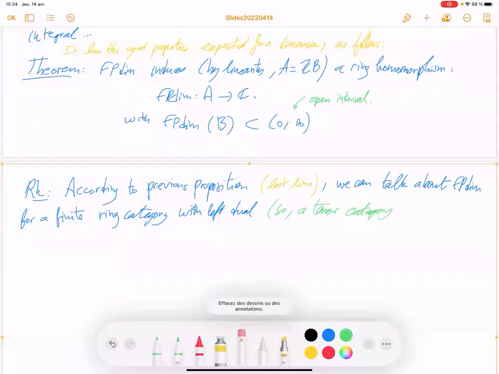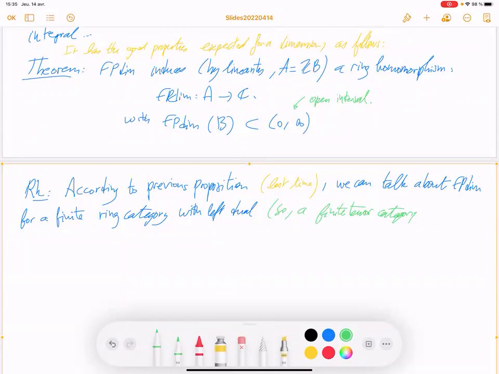We proved in some previous proposition that a finite ring category with left dual is rigid or something like that.